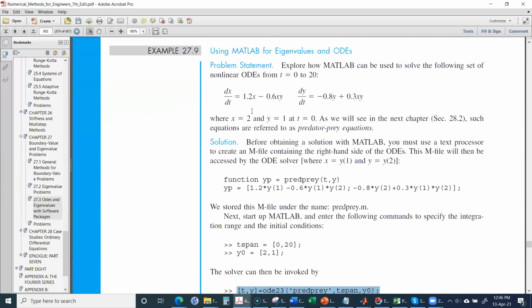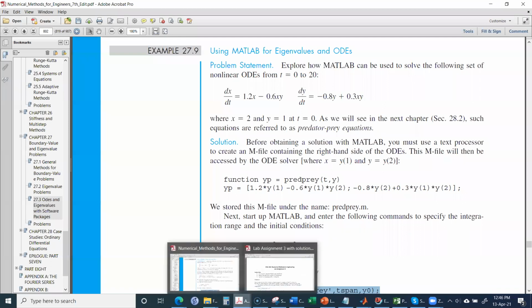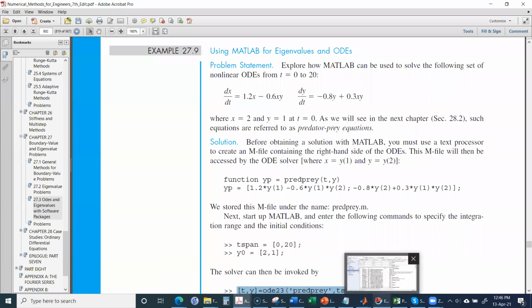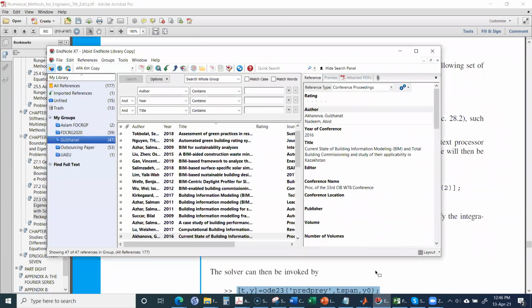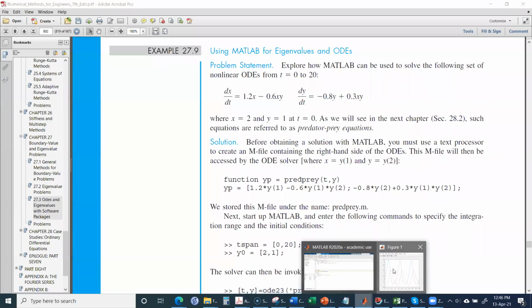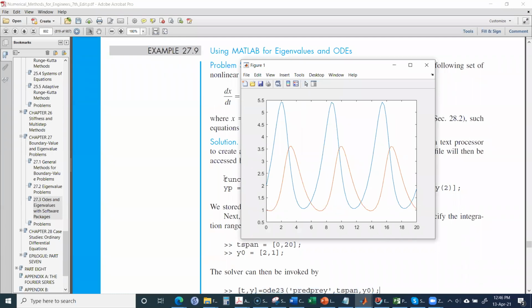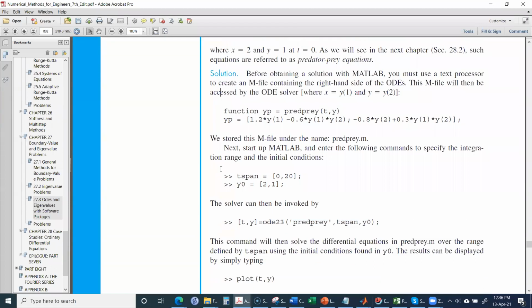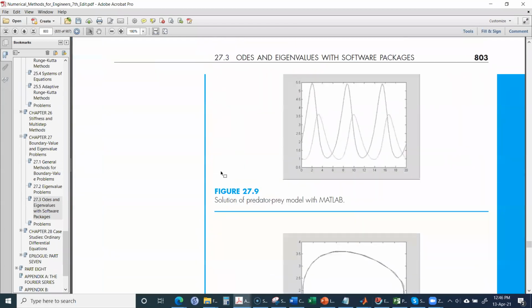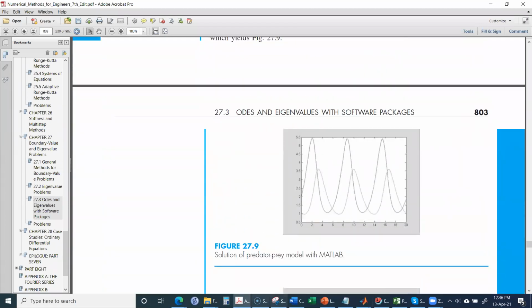So we will find two solutions, t against x and t against y. Therefore there will be two curves. So this is the solution that you will obtain.